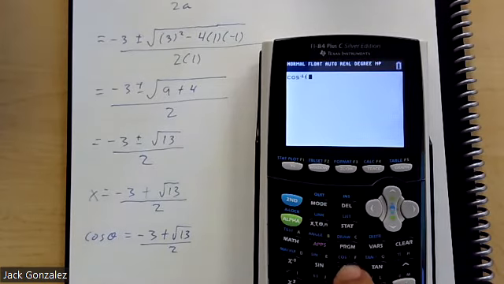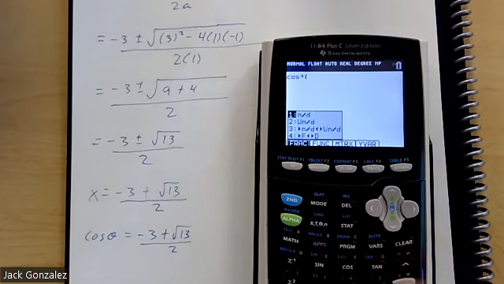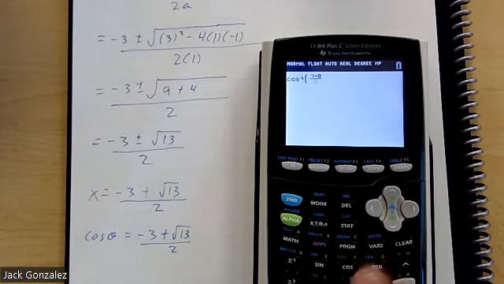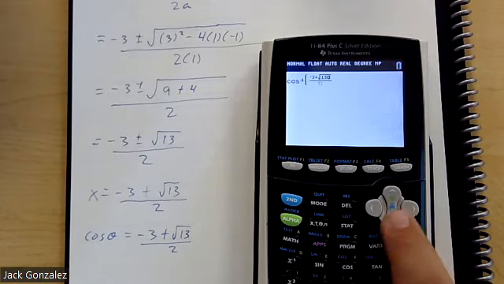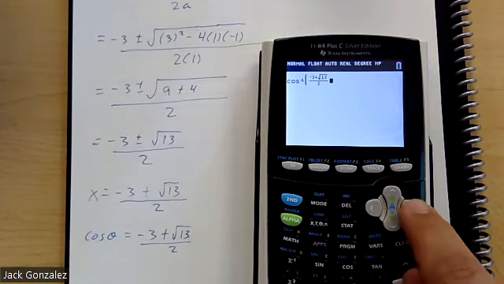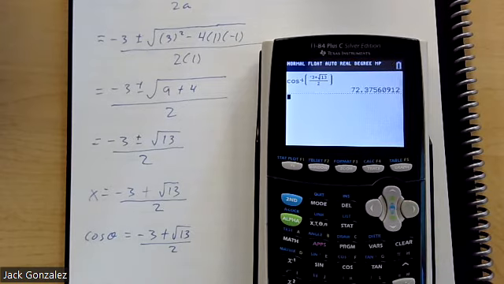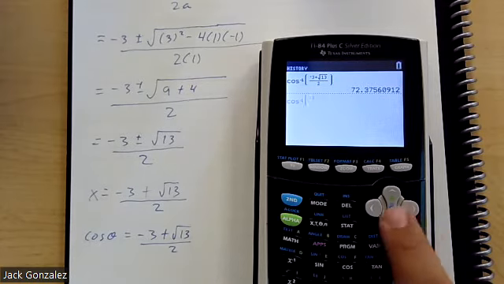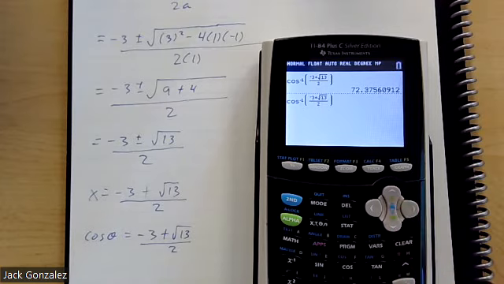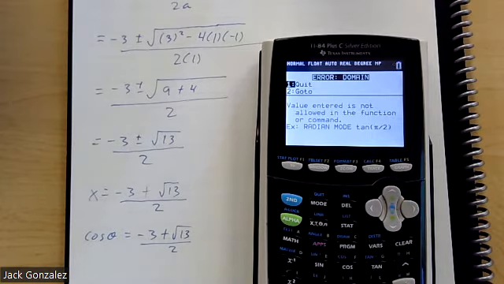So cosine inverse of this thing. Now do the same thing but with a minus, and I get an error.